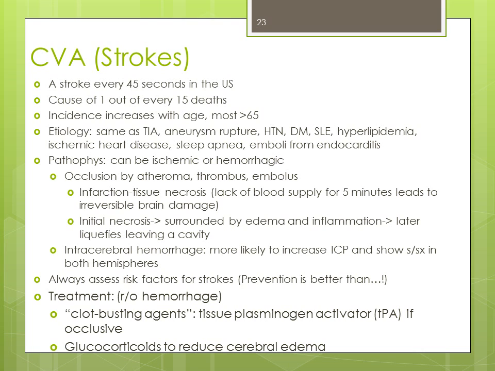With initial necrosis, you're going to get some edema and inflammation, and then later this will actually start to liquefy the brain and leave a little cavity in the brain, open space.